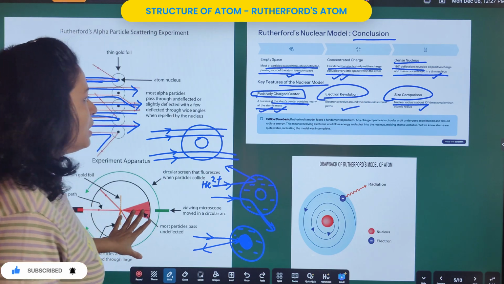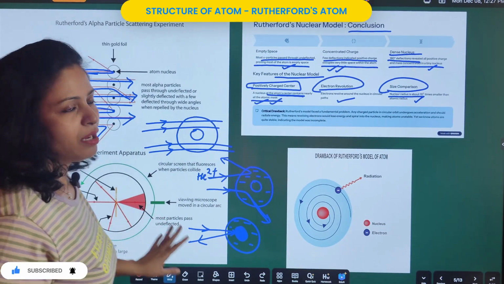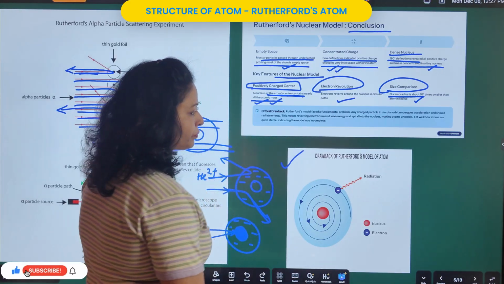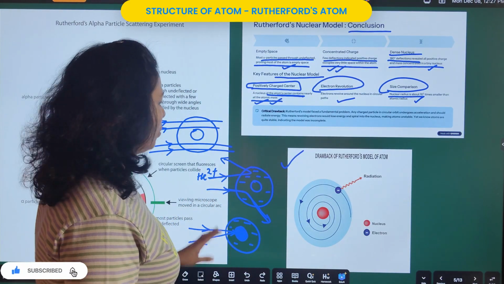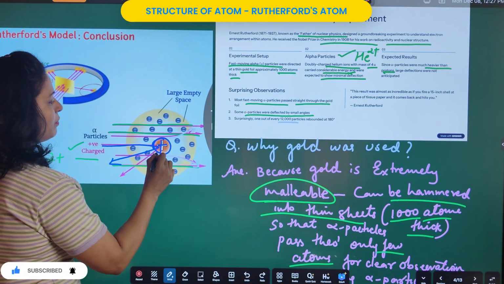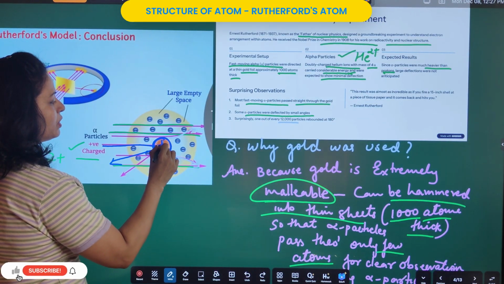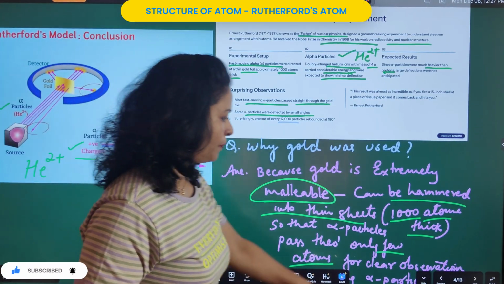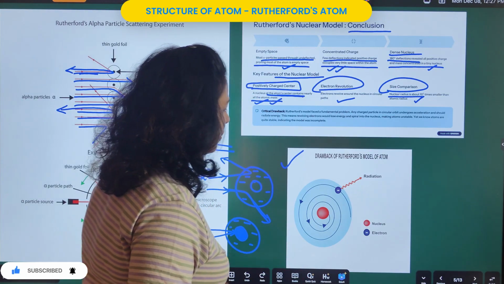Okay, so this was the experiment conducted by Rutherford, but there was a drawback also. As I told you, Rutherford said that the mass and positive charge are present in the nucleus, and electrons are revolving around it. Now what happens when the electrons are revolving around it?